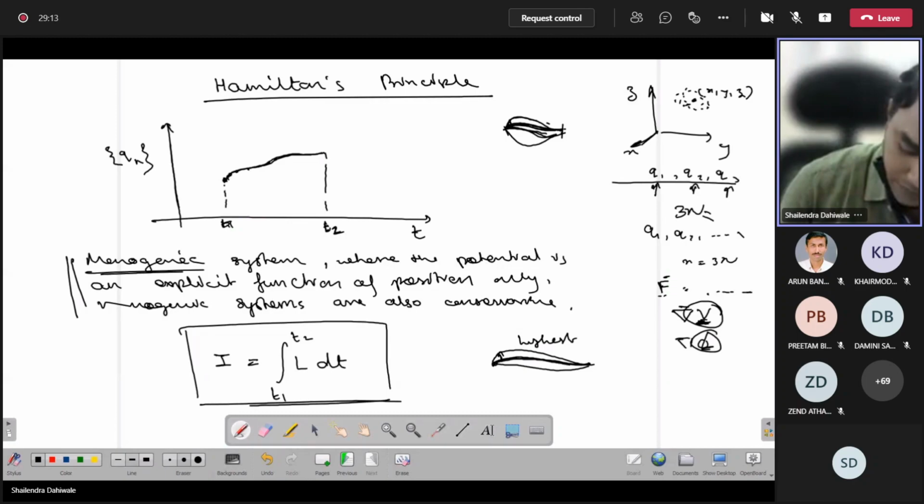In words, I can say that this is Hamilton's principle. We basically want to show this, and the famous way of showing it is through the calculus of variations.